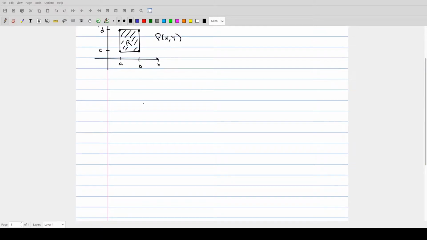We talked earlier about how for a function of this form over a rectangular domain, the double integral over R of the function f of x y gives us the accumulation of that function inside the region R, and we can evaluate it by doing what's called the iterated integral, where we integrate two times.